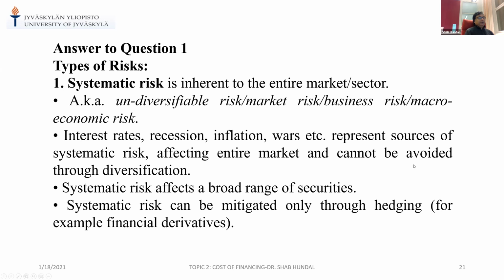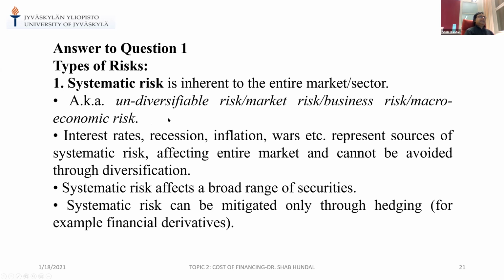Okay, and because this risk is affecting all the firms, diversification, which is considered to be a combat mechanism to reduce your risk exposure, will not work in case of systematic risk.